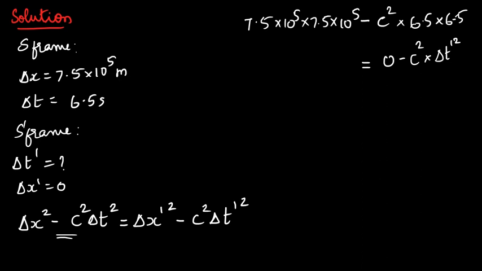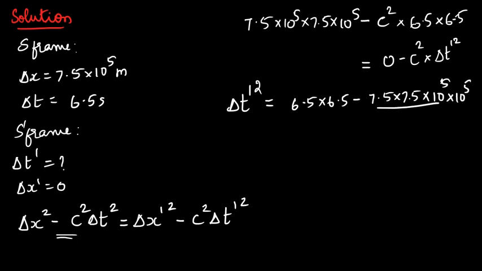So I just divide this whole by c squared, and I change the minus sign. So I get my del t prime the whole squared to be 6.5 into 6.5 minus 7.5 into 7.5 into 10 power 5 into 10 power 5 by c squared. c squared is nothing but 9 into 10 power 16.